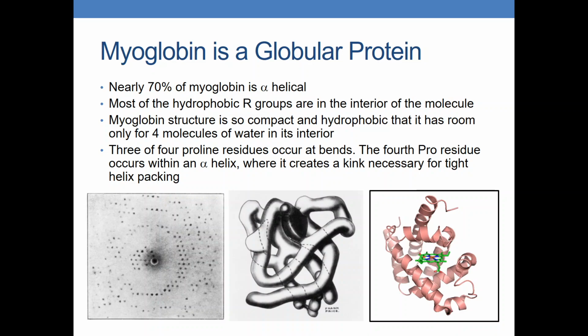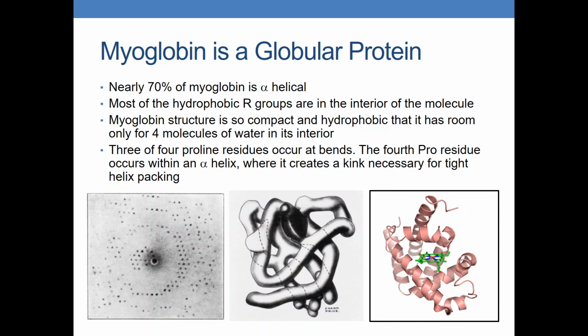In fact, the myoglobin structure is a very compact one with a very, very hydrophobic interior that really only leaves room for 4 water molecules in that interior. So basically, as this thing forms its three-dimensional structure, it kicks out water, and what is left is a very compact, nonpolar, hydrophobic interior.